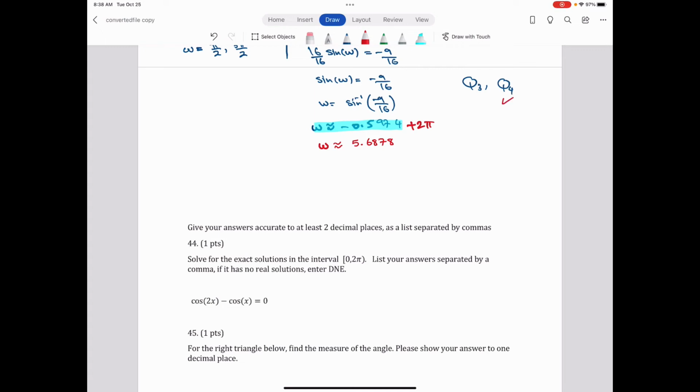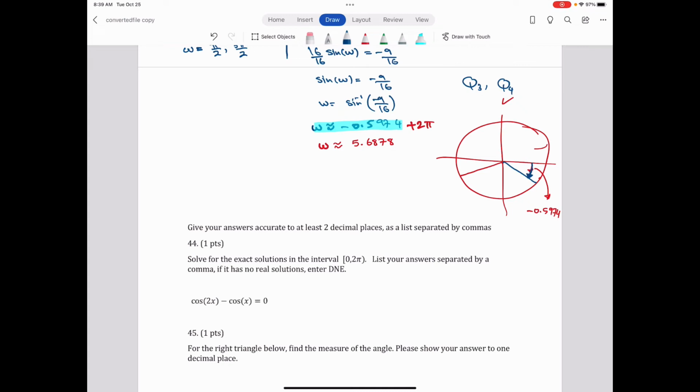It's in the fourth quadrant. I'm going to try to find the third quadrant. So here is the fourth quadrant, approximately here, which is basically this angle we computed, -0.5974.